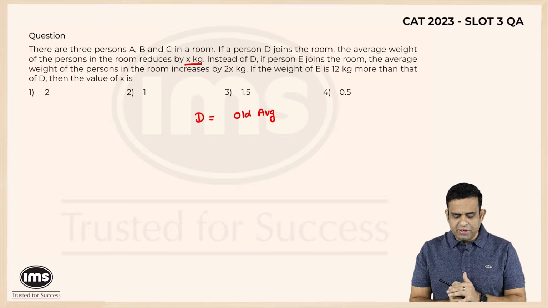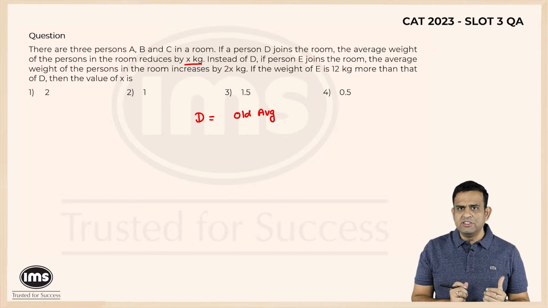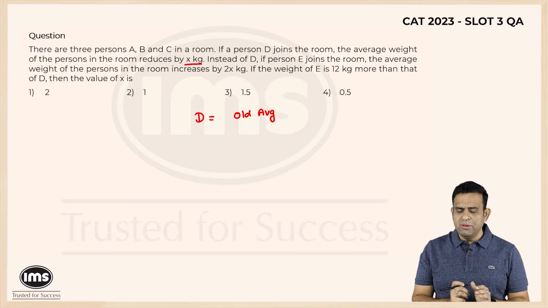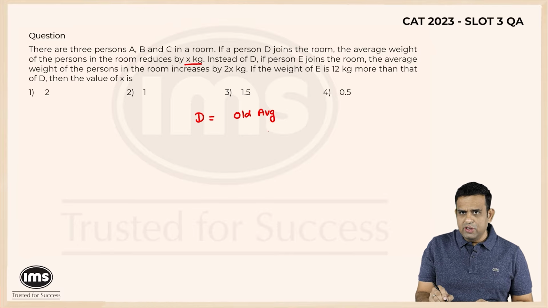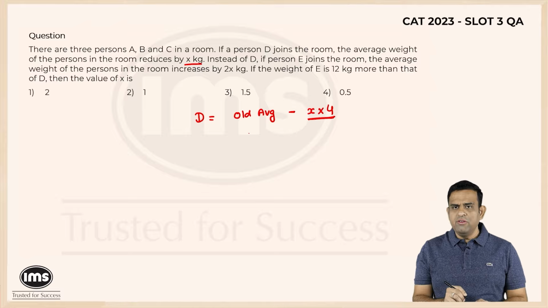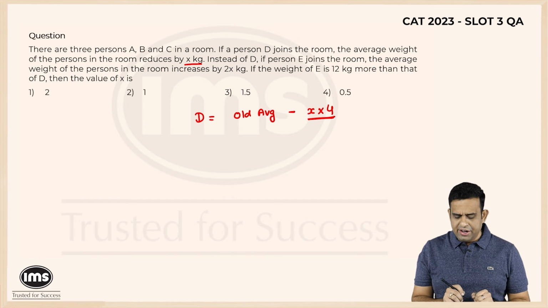But since it says that once D is introduced the average falls by x, it simply means that D's weight must be less than the old average, by how much? Minus this x needs to be shared by 4 people, because A, B, C and D.